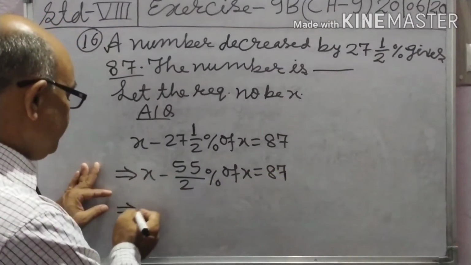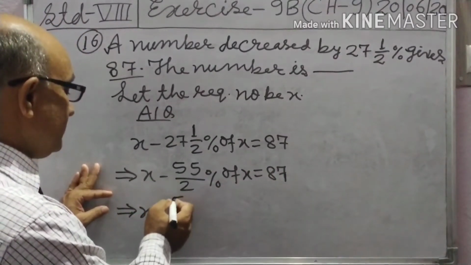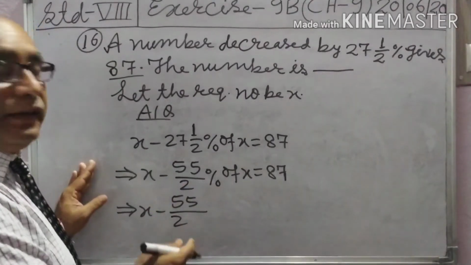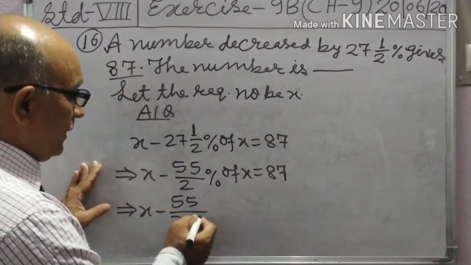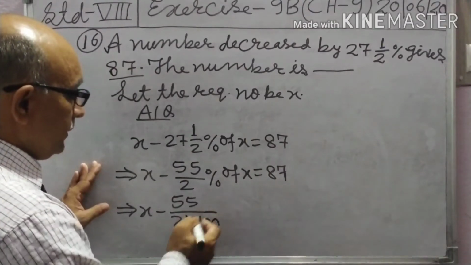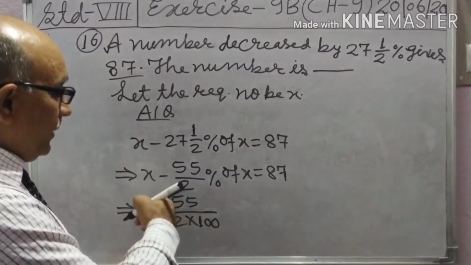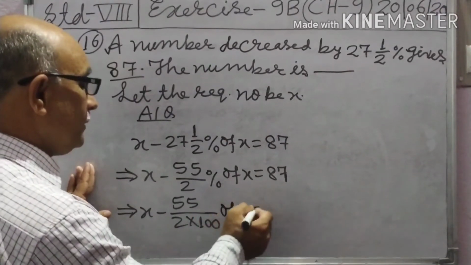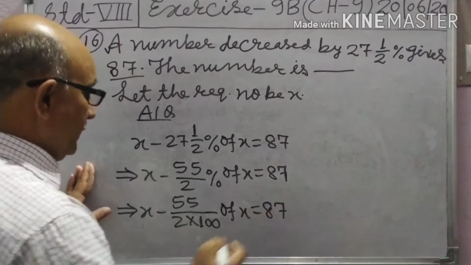That implies x minus 55 by 2. Remove percentage, so multiply by 100, divided by 100. 55 by 2 into 100 of x equal to 87.